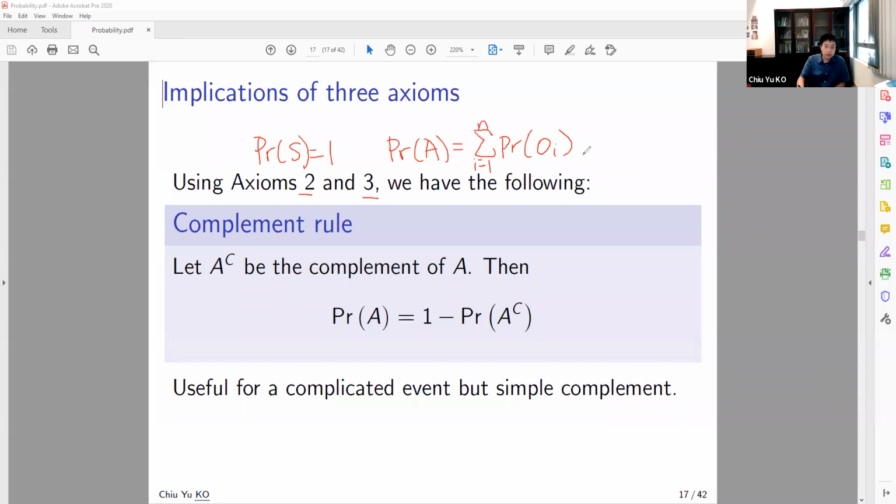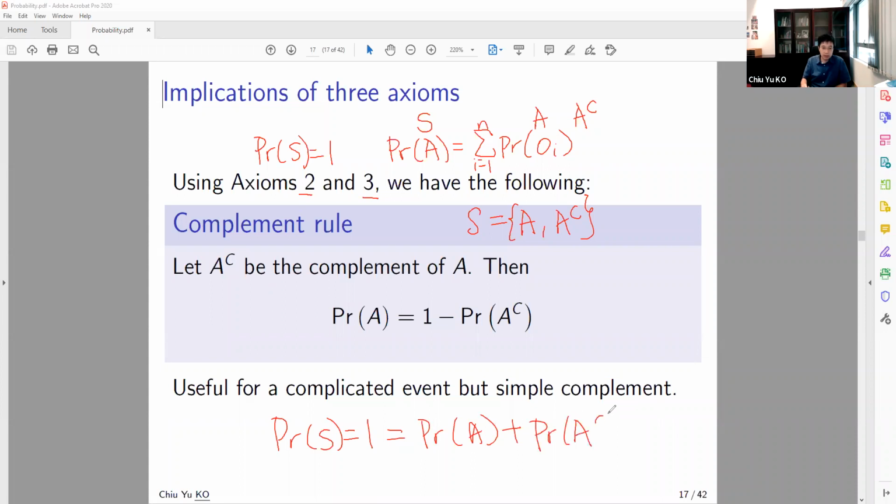The sample space S can be written as A and its complement, A complement, because they are mutually exclusive. Combining these two, the probability of S, which is 1, equals the probability of A plus the probability of A complement.